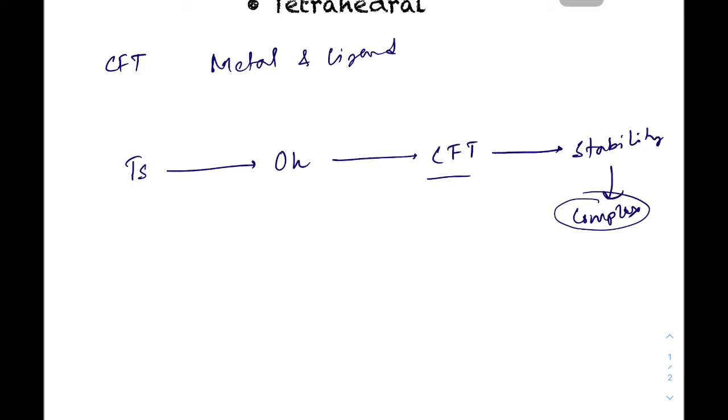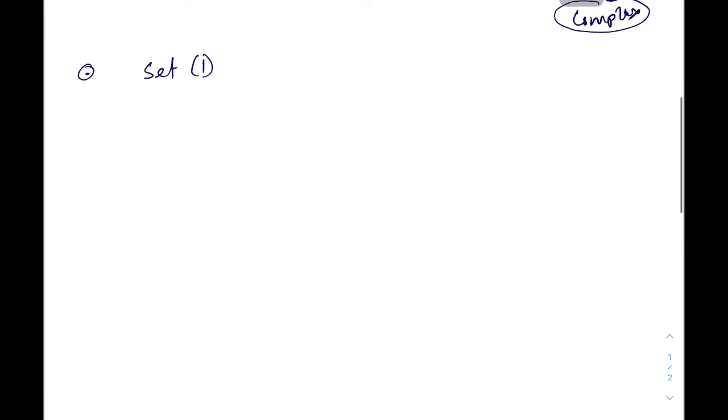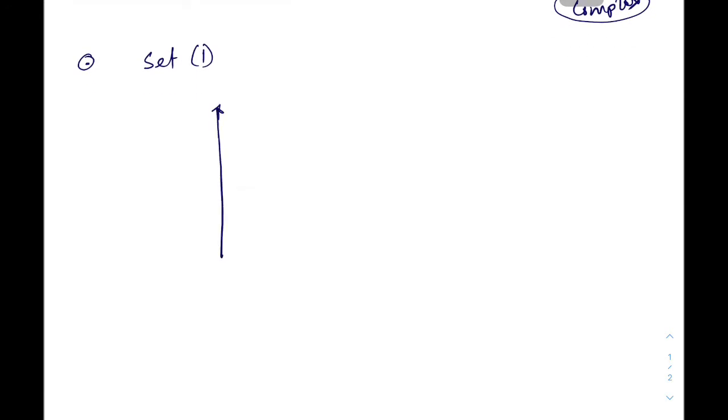Before we start, we have to know the orbital picture of the d orbitals to understand the splitting of the d orbitals. There are two sets of orbitals. Set 1 is where the lobes of the orbital lie along the axes. Say there are two axes, x and y.